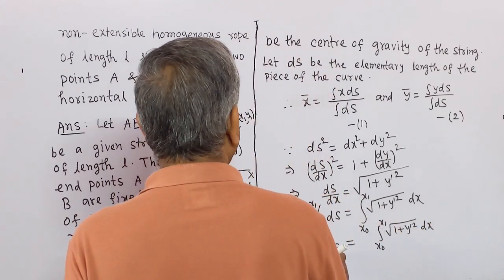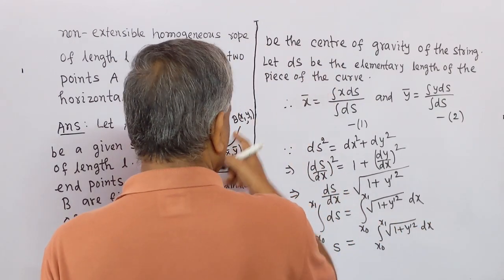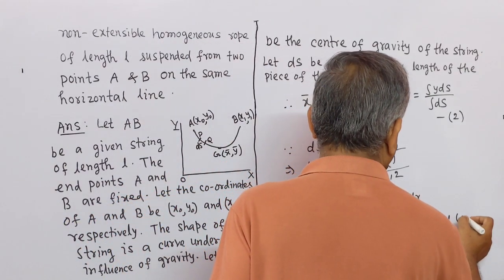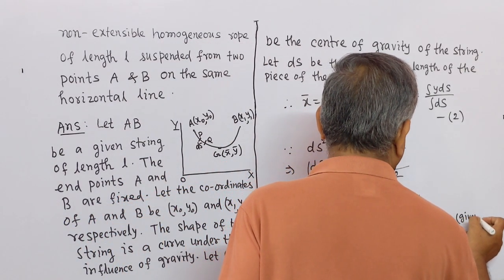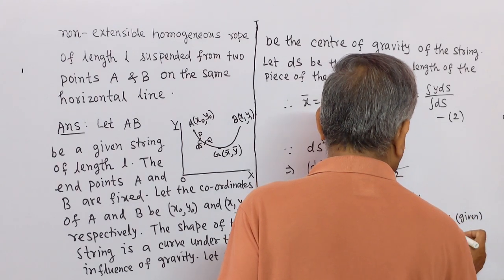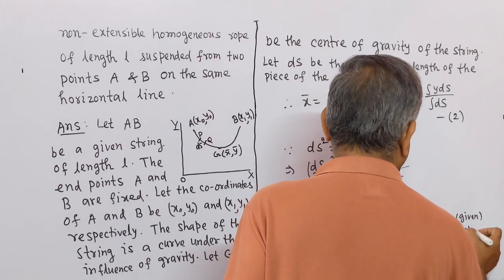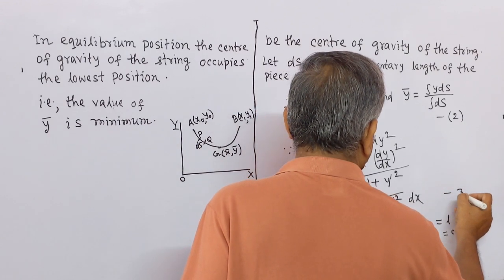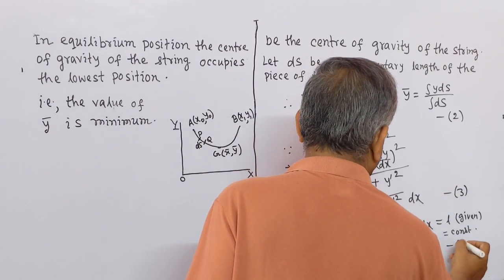Since length of the curve is L, this is L given and this is constant. Let this is number 3 and this is number 4.